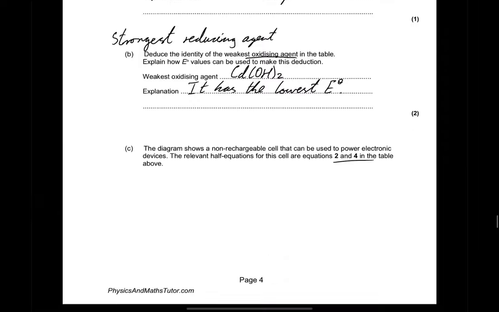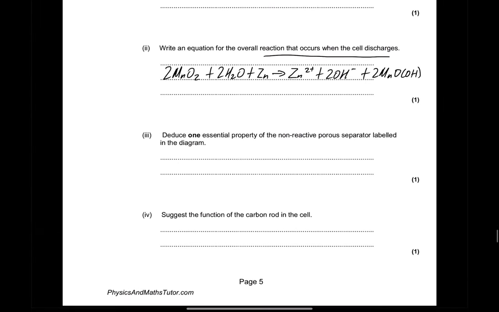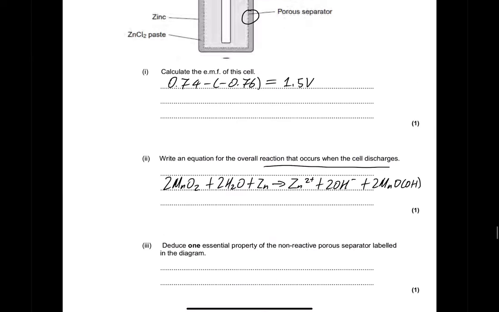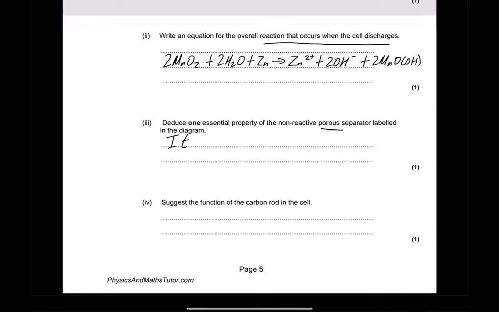Yeah, great. So the one essential property of the non-reactive porous separator labeled in the diagram. Remember, this is just acting as a salt bridge. Just think of it like a salt bridge. Remember, non-reactive porous means holes in it, and that just means it allows free movement of ions.